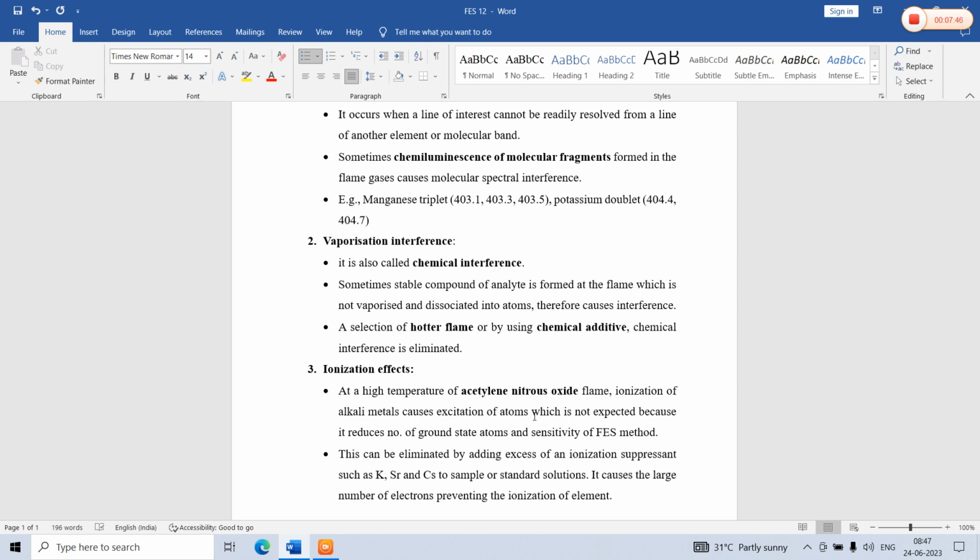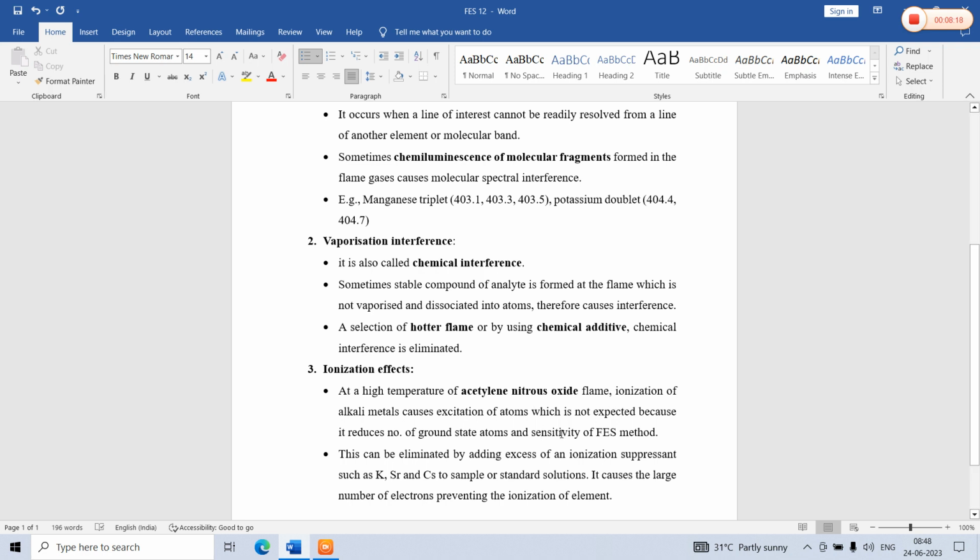So because of the ionization of the atoms, it reduces the number of ground state atoms. If the number of ground state atoms is reduced, we don't get the sensitivity, and therefore the sensitivity of the method is also reduced.